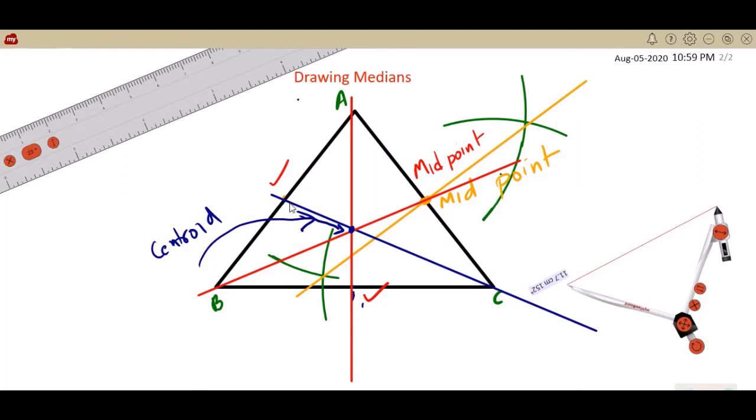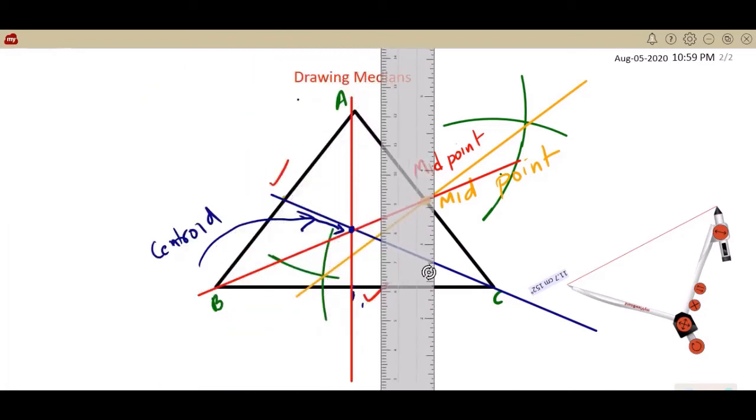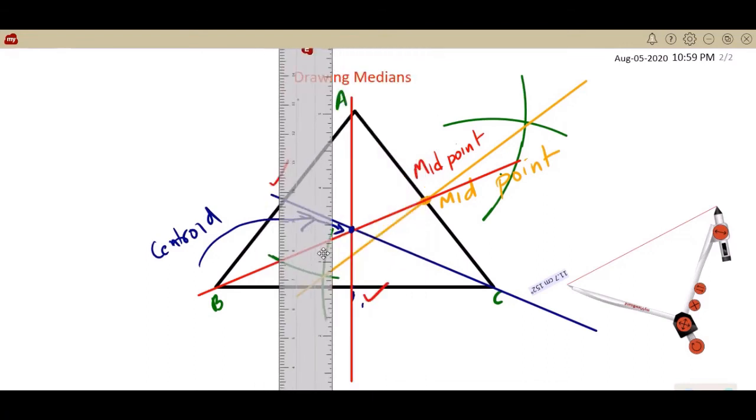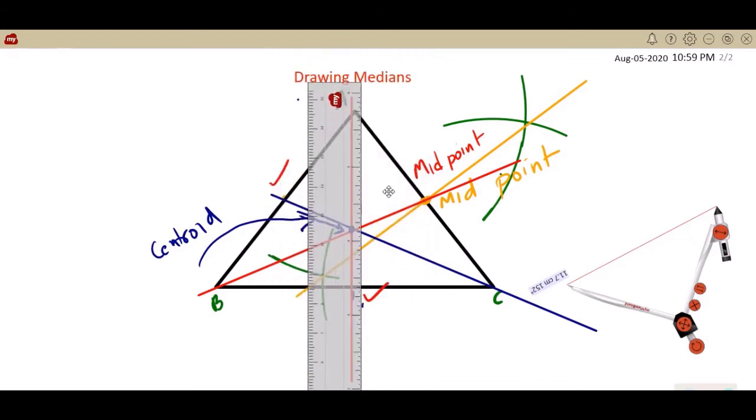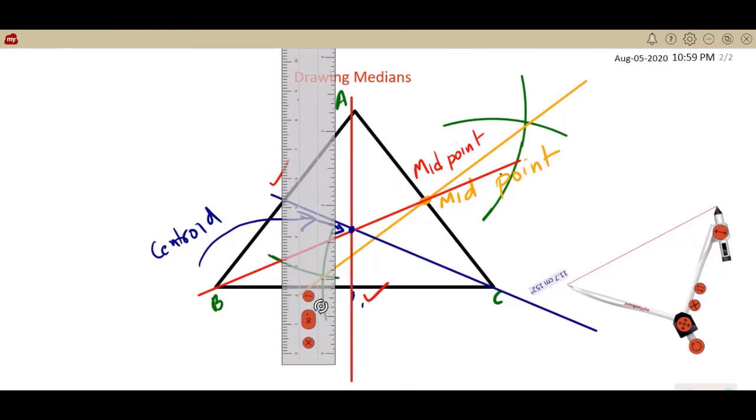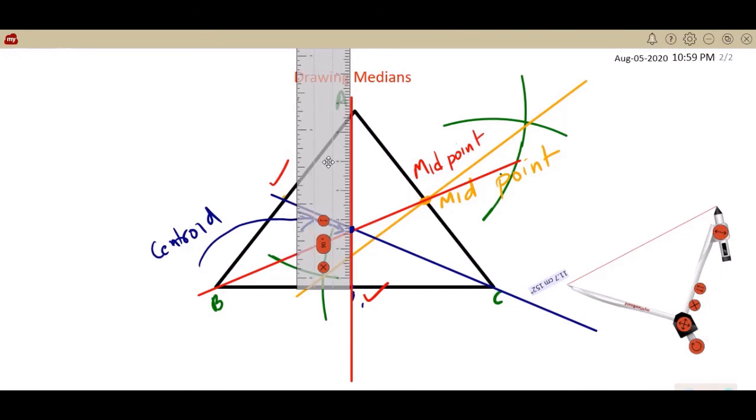There is an interesting point over here. It is applicable to all triangles that the medians meet at a point, and we call that point a centroid, irrespective of whether it is acute, obtuse, or right-angled. Another interesting thing: if you measure the length of this line segment, I have not drawn it accurately, but even then, if you measure it, you can see that almost to the centroid it is 2 centimeters, and to the top it is 6 centimeters.